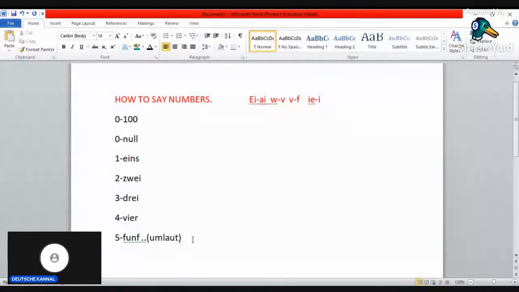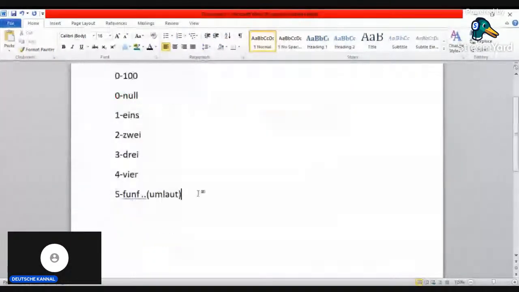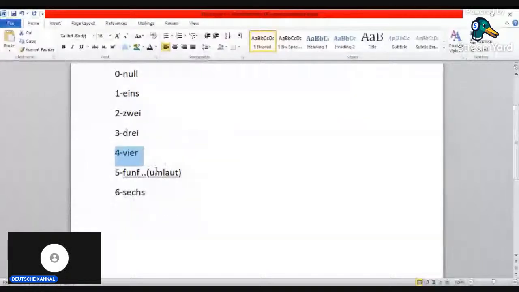So you put the 2 dots on top of U. So fünf. Next one is number 6. Number 6 is sechs. So 0, 1, 2, 3, 4, 5 and 6.